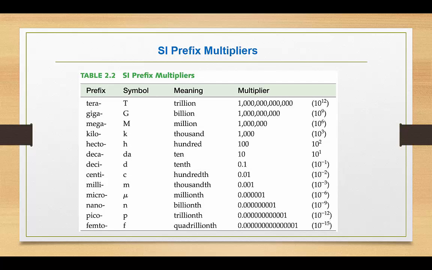Now, in order to get from our base units of meters or grams or liters, whatever we're measuring in, we use prefix multipliers in the SI system.